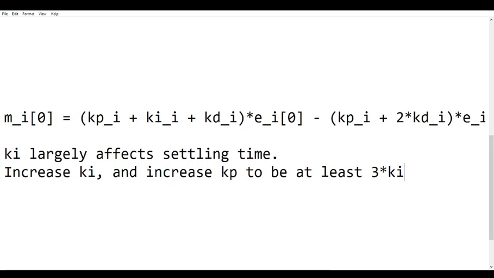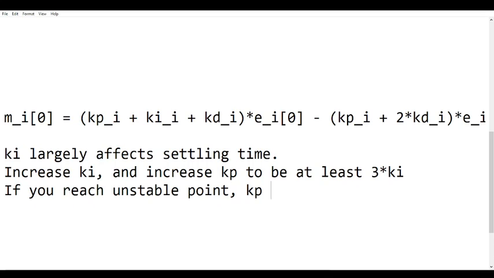You have to constantly do this, and if you reach an unstable point, like when your system starts to oscillate, then you have to take KP down just a bit, and your new reference is you're going to make KP only 2 times your KI, basically.